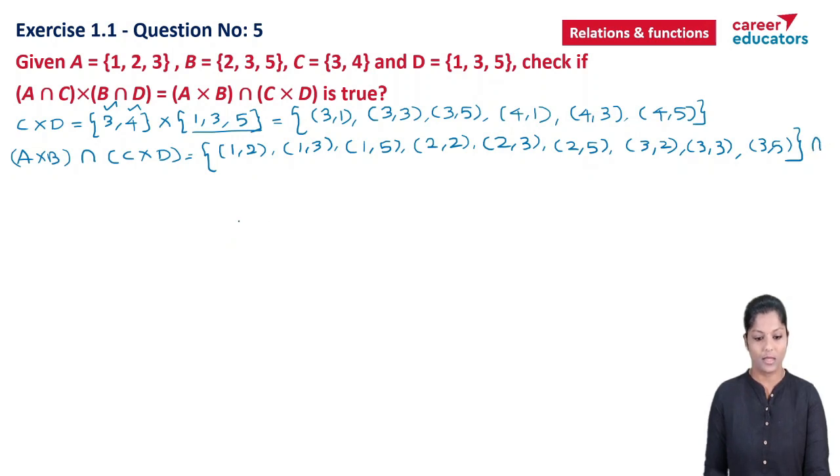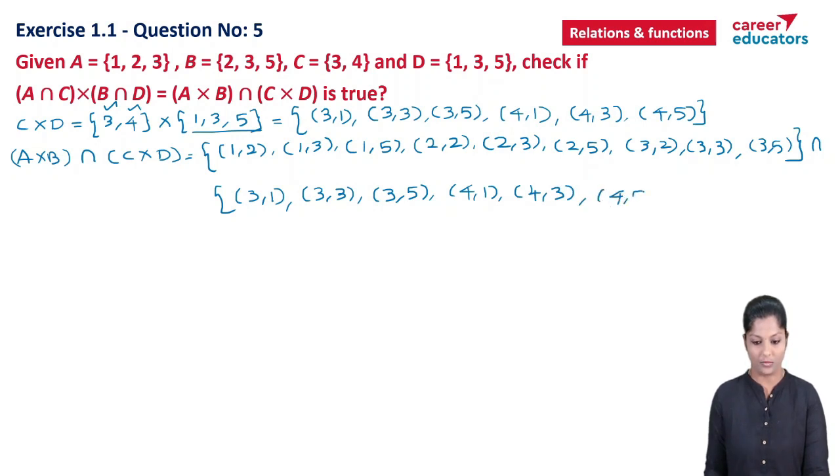Intersection, write all the elements of C cross D: (3,1), (3,3), (3,5), (4,1), (4,3) and (4,5).